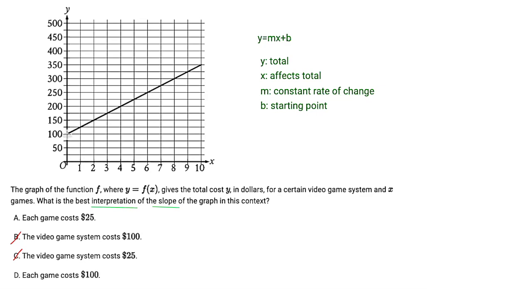So here we have 100, and then we want to draw a little staircase. So rise over run. We go up 25 because once we get here to 1, it's 125. Same thing here, rise over run. We can see that we're going up by another 25. So my answer is A.